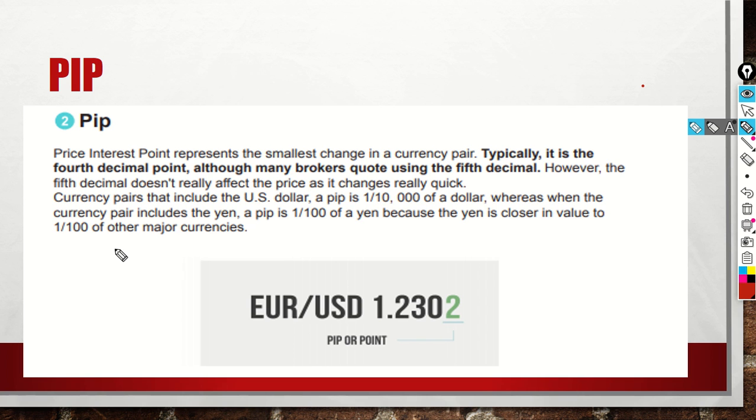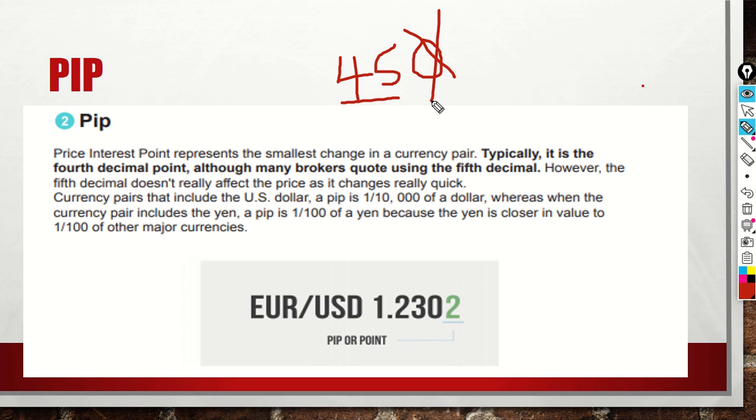So be aware when you use the crosshair on your platform, it's going to show you something like 450 pips. When you drag and use it, we'll do a lesson on MT4, it's going to show you something like 450 pips. It's only 45 pips. This value is a fraction of a pip. Don't consider it. The fifth decimal does not really affect the price, as it changes real quickly.